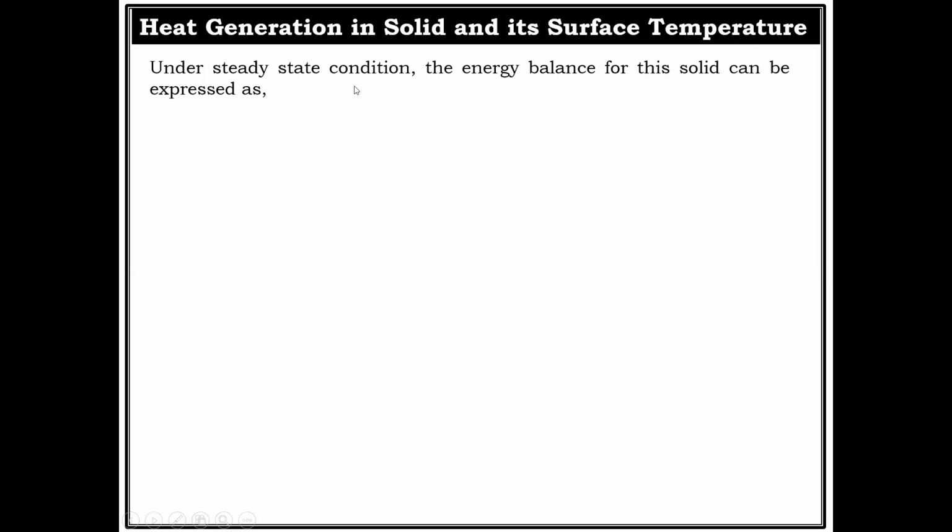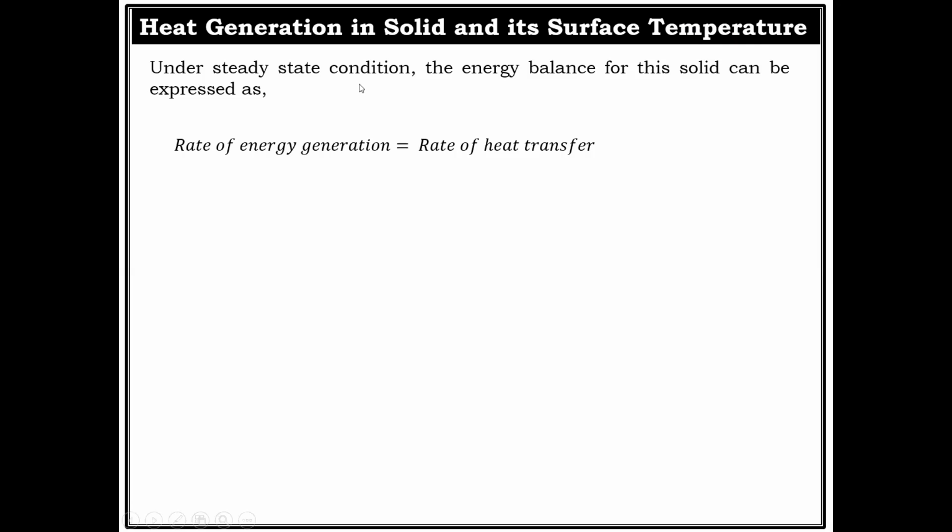Now, under steady state condition, the energy balance for this solid can be expressed as: rate of energy generated equals rate of heat transfer. When heat generation starts within an object, firstly it will be stored in that object itself, and after some time when it reaches steady state, whatever heat is generated can't be stored within that object, so it will directly dissipate to the surrounding fluid.